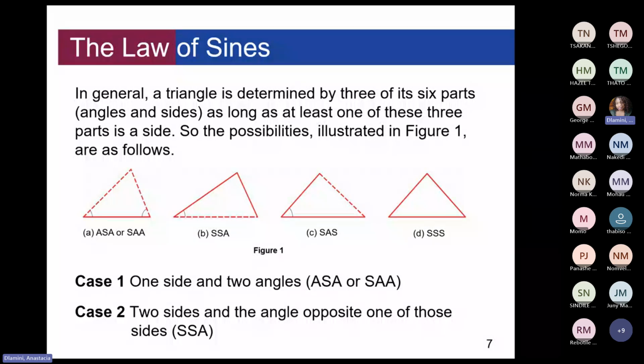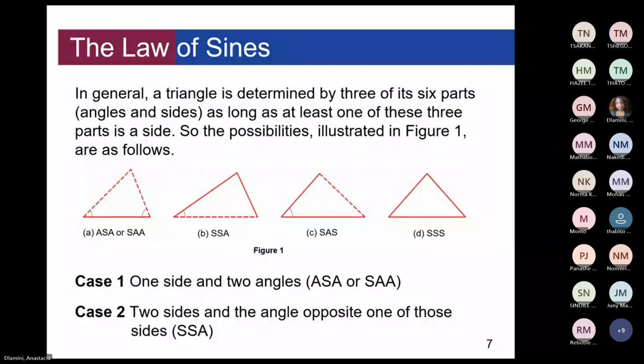Let's say you have three pieces of information, you cannot determine only one unique triangle, but two of them can come out. And with some information you might not even have a triangle. Are we together, yes or no?